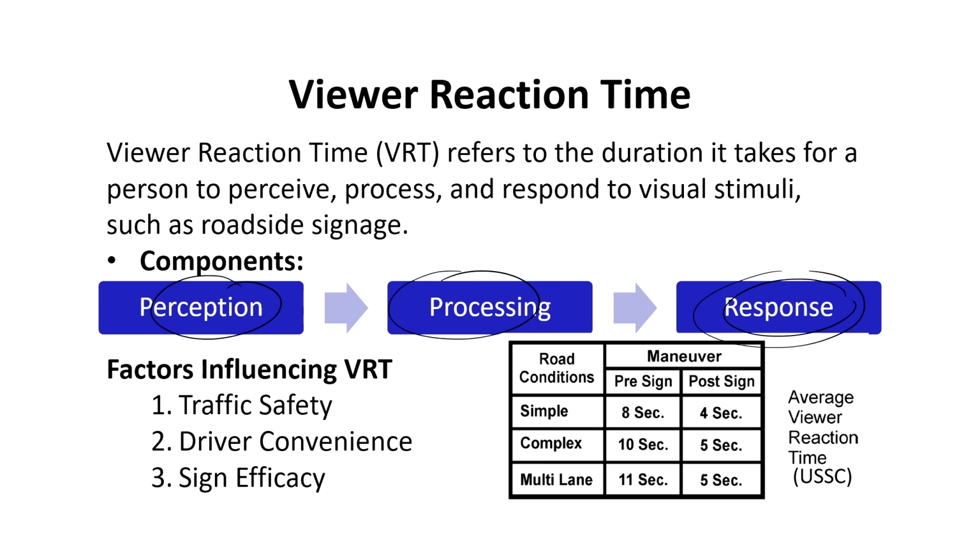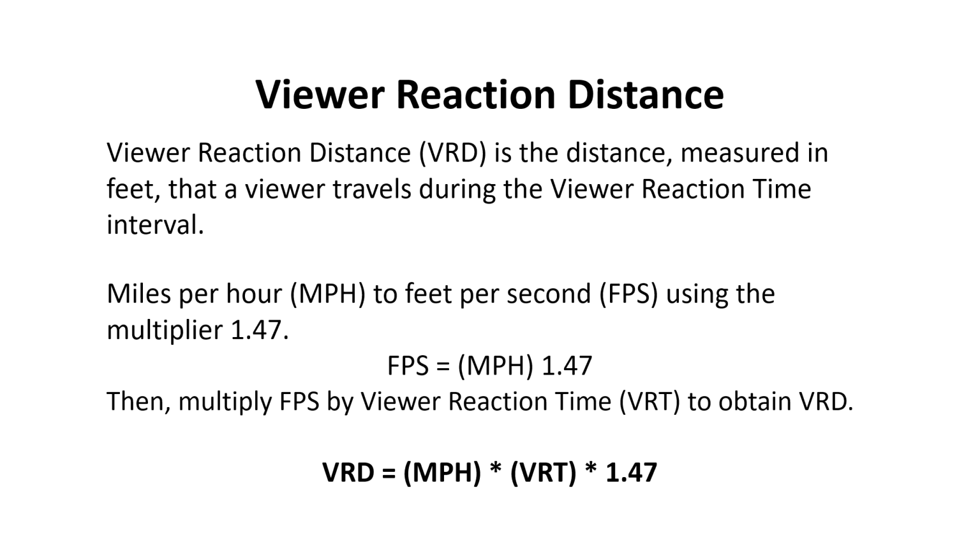The USSC standard viewer reaction time on average is around 8 seconds, whereas in complex road conditions this can go up to 10 seconds. For multi-lane roads, where we have many lanes, this maneuver time can go up to 10 seconds.